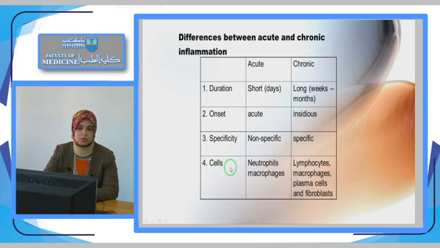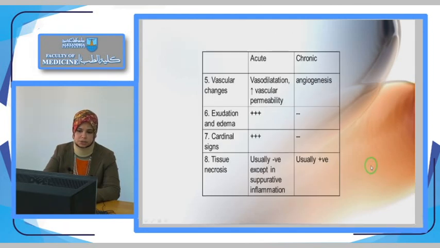تمام. The cells, قلنا the main inflammatory cells في حالات acute inflammation mainly neutrophils, وبتيجي الماكروفاجز at the end to pave the way for healing زي ما احنا عرفنا, وبتعمل الفاجوسايتوزس. في الكرونيك inflammation the main players هتبقى lymphocytes والماكروفاجز. Plasma cells and fibroblasts will have a role in chronic inflammation, بس main chronic inflammatory cells are the lymphocytes and macrophages.